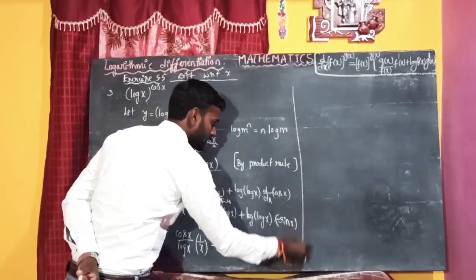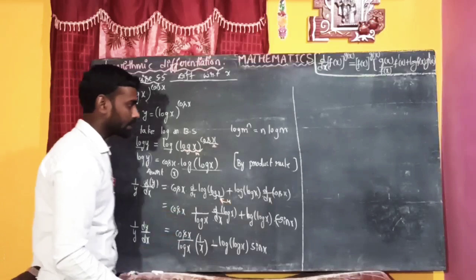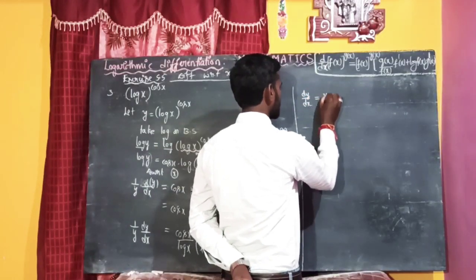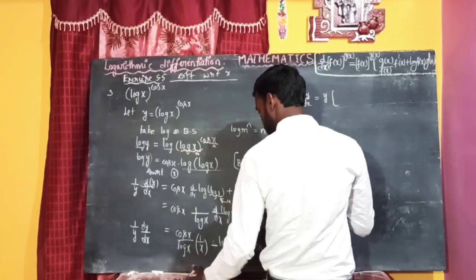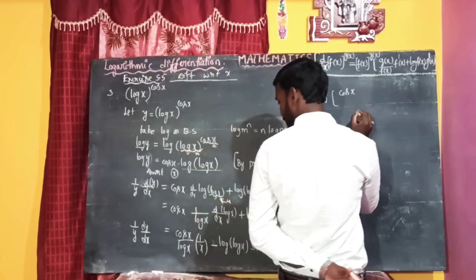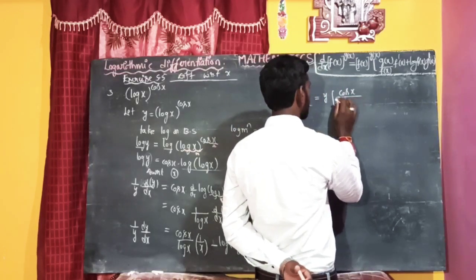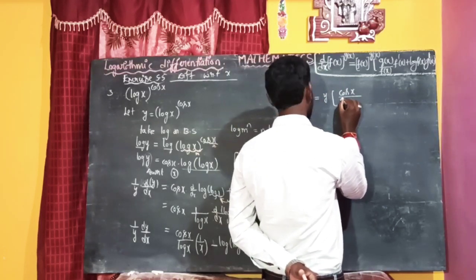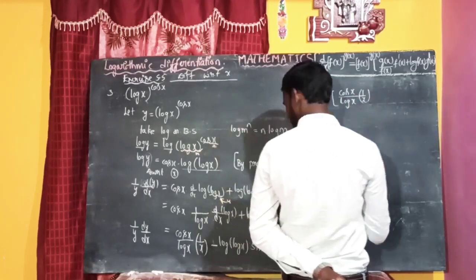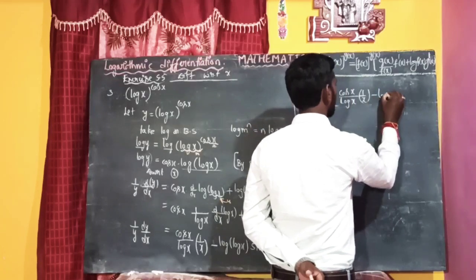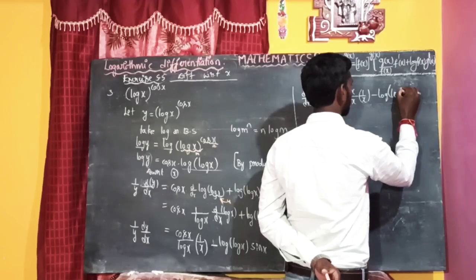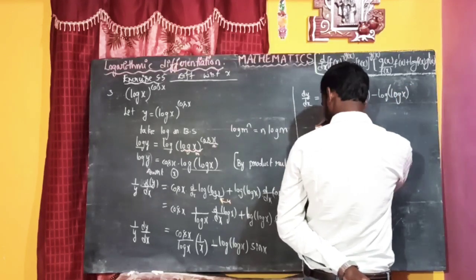Next, observe, guys, if I shift this y to the right hand side, then dy by dx becomes y into this whole function: cos x by x log x, or cos x into log x into 1 by x, minus log of log x into sin x.